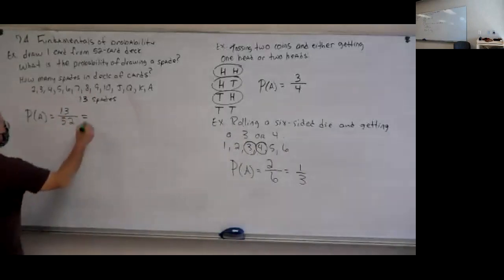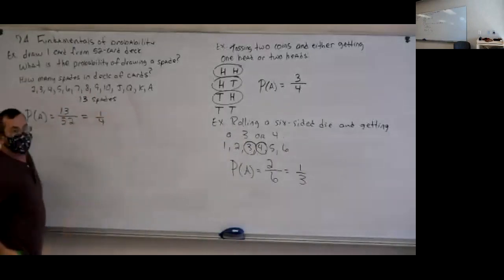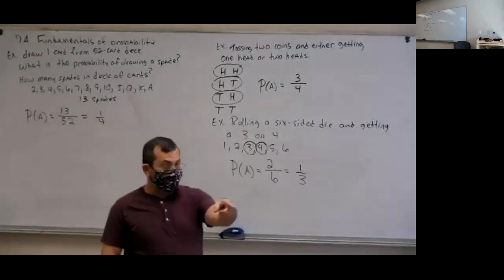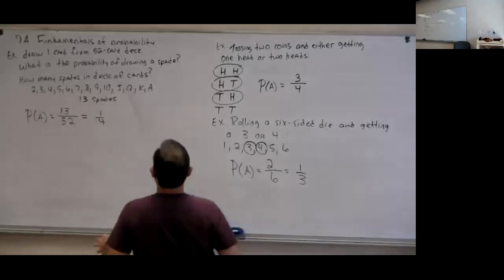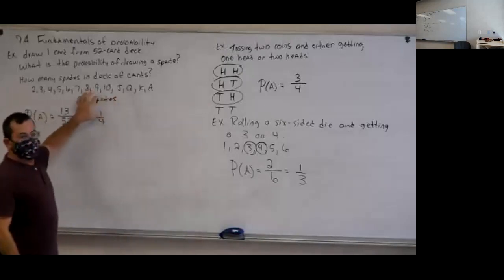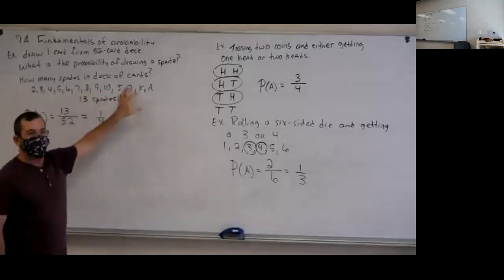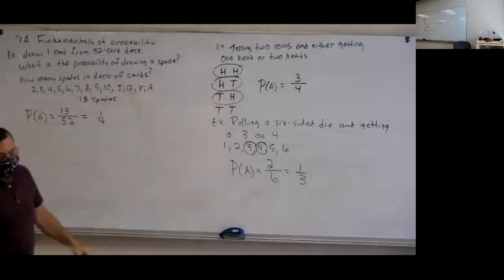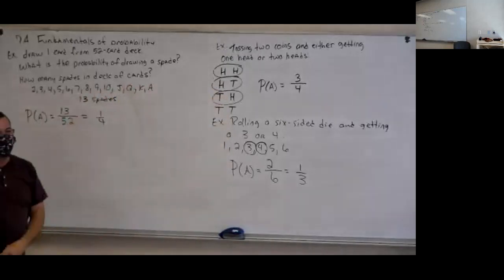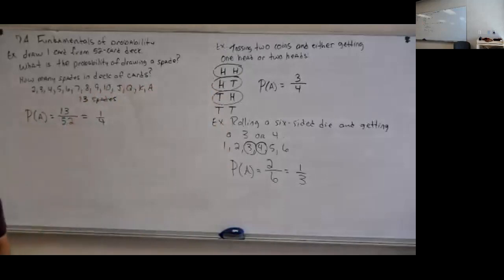With ours, this is a club. So there's still 13 clubs. It's the same. There's 13 of each: 13 spades, 13 clubs, 13 hearts, and 13 diamonds. That's all they changed from spades to a club.